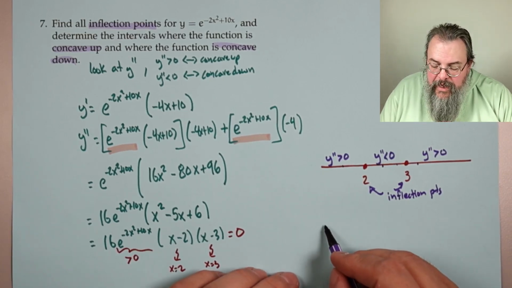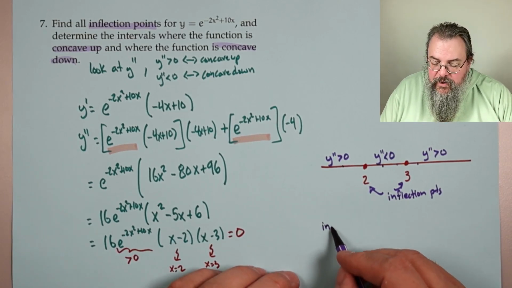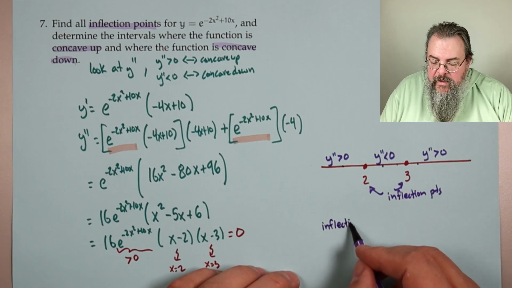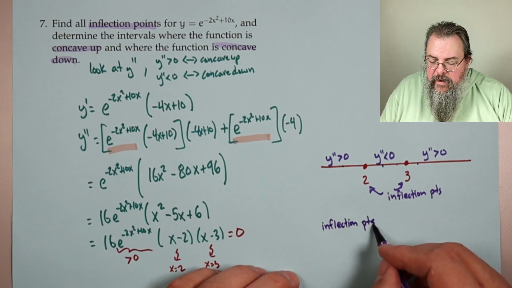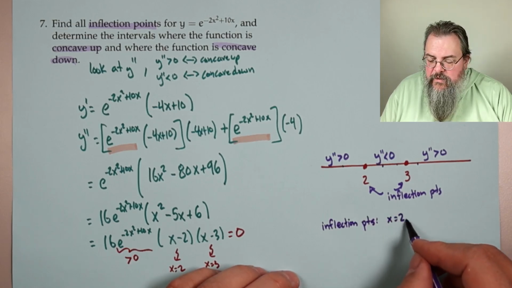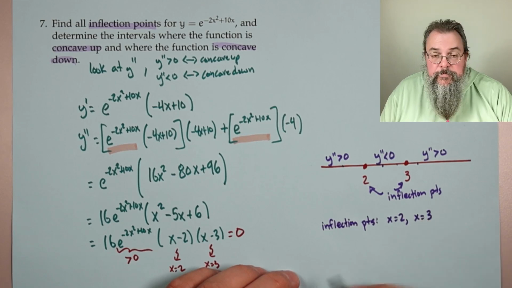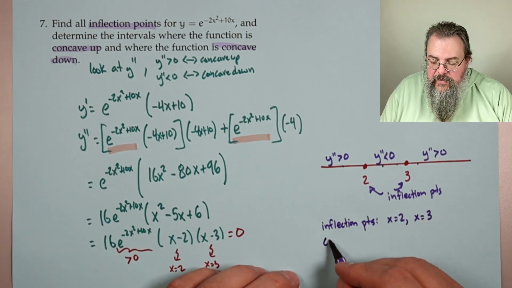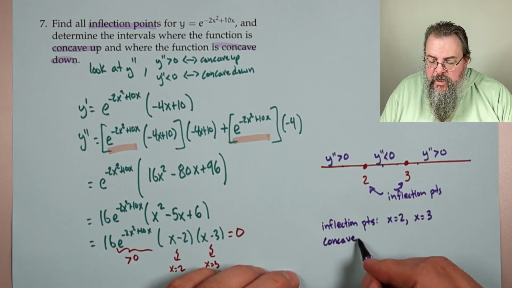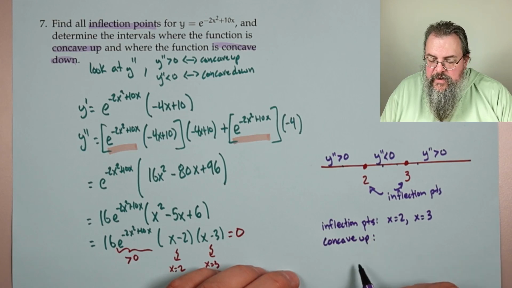So, our answer, our inflection points are at x equals 2, x equals 3. Our concave up, where are we having positive concavity?